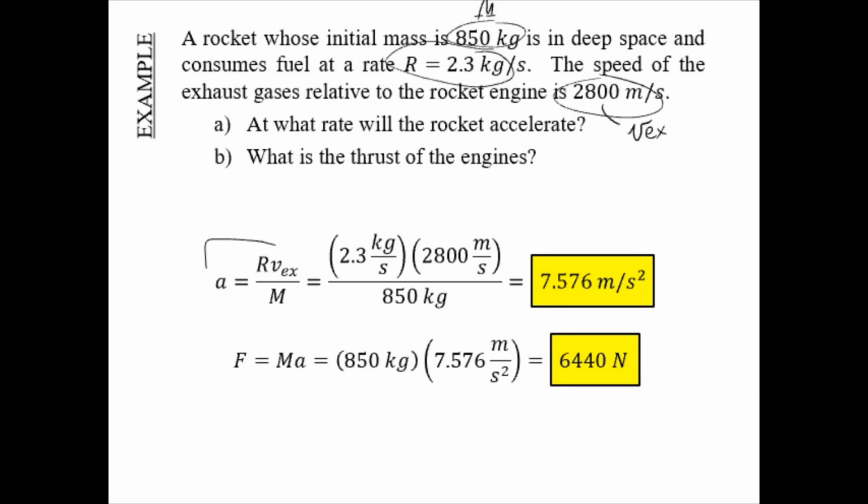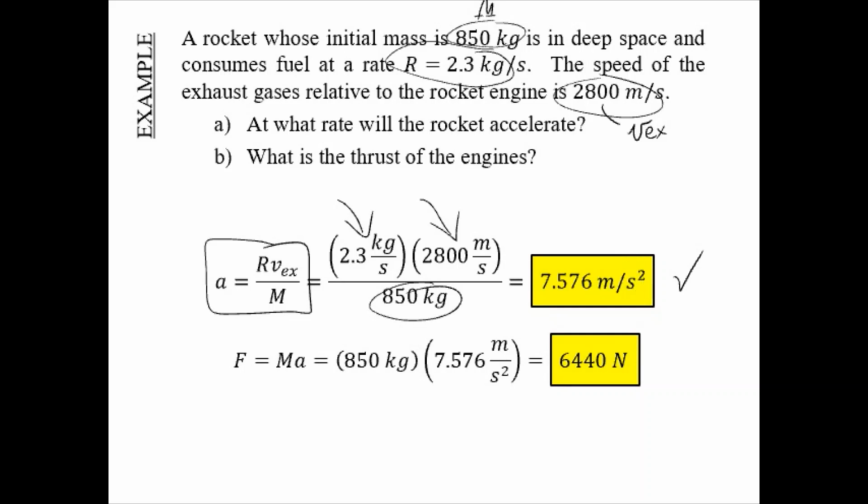If we take the equation we just derived and plug these in, r was 2.3 kilograms per second, and the exhaust gases are shooting out the back of the rocket at 2,800 meters per second as measured by the astronaut, for example. Dividing by the total mass of the rocket, we find the acceleration is 7.576 meters per second squared.